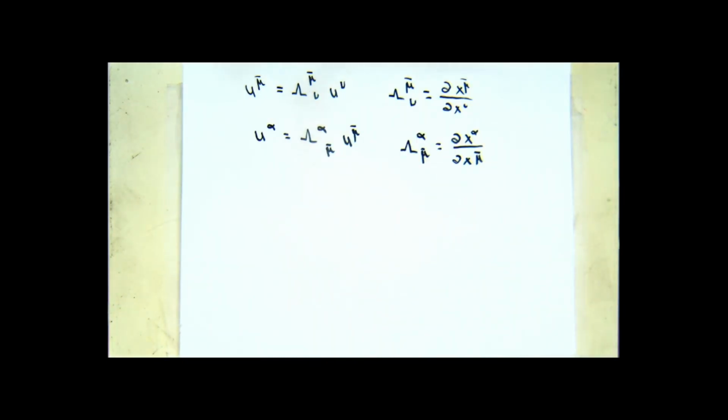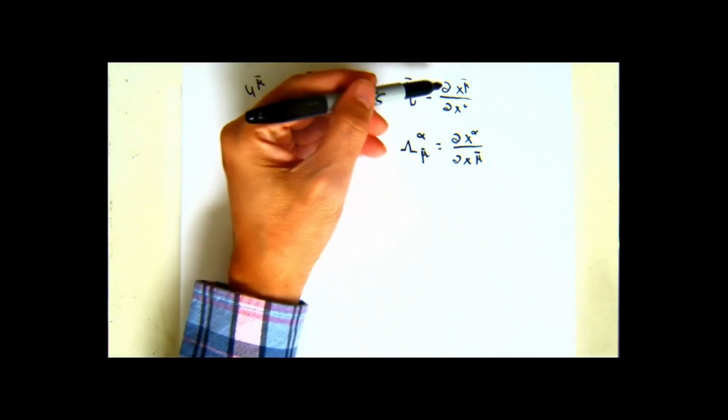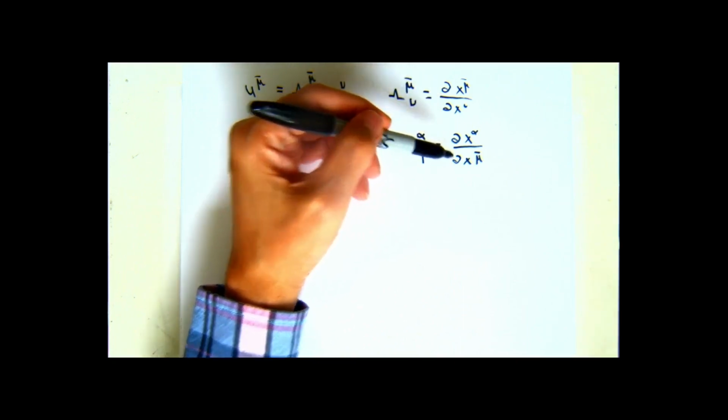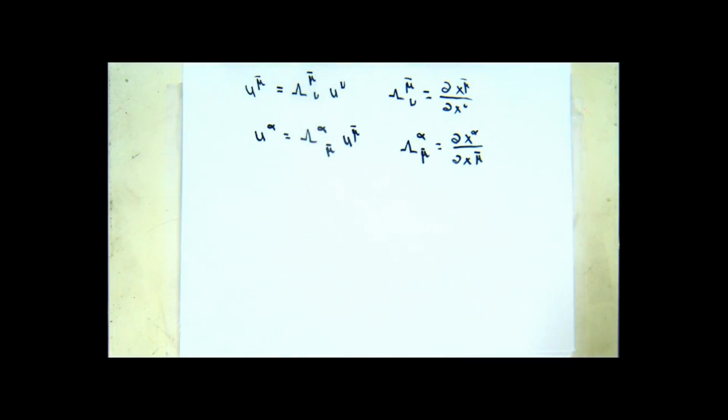One way to think about these lambda numbers is, since they have two indices, they're kind of sort of matrices. I'll think of the upper index as being what row I'm in, and the lower index as being what column I'm in. These numbers, generally speaking, are not the same as those numbers, not even in the sense that they have been rearranged in a matrix.